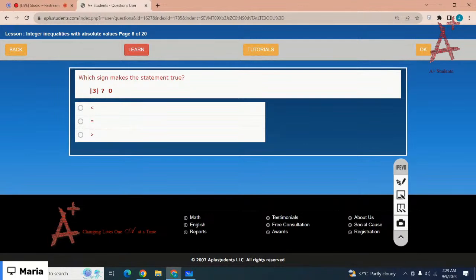Which sign makes the statement true? Absolute value of 3, and you have to compare it to 0. So, which is the correct option?